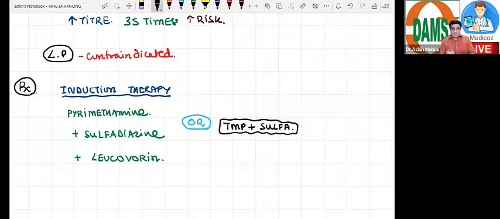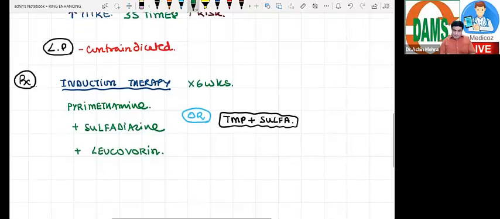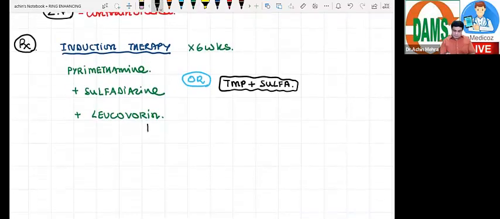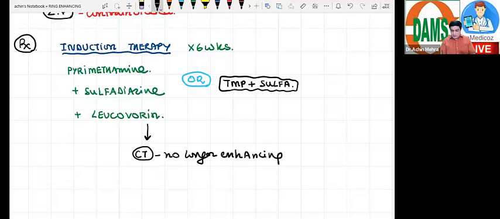Now, how long should we give the induction therapy? Ideally, we should give it for 6 weeks. After this, we should decide on a repeat CT scan: if the lesion that you are finding is no longer enhancing, that means it's not flaring up any further.